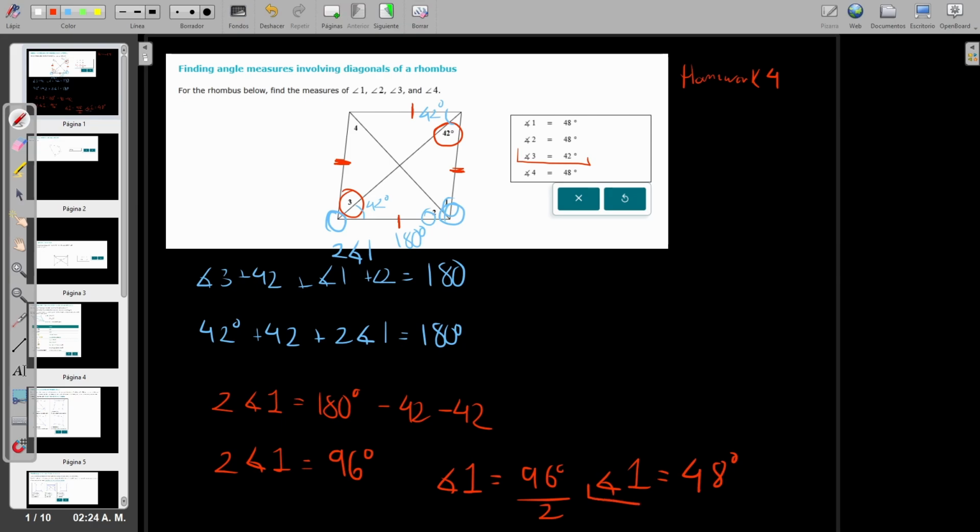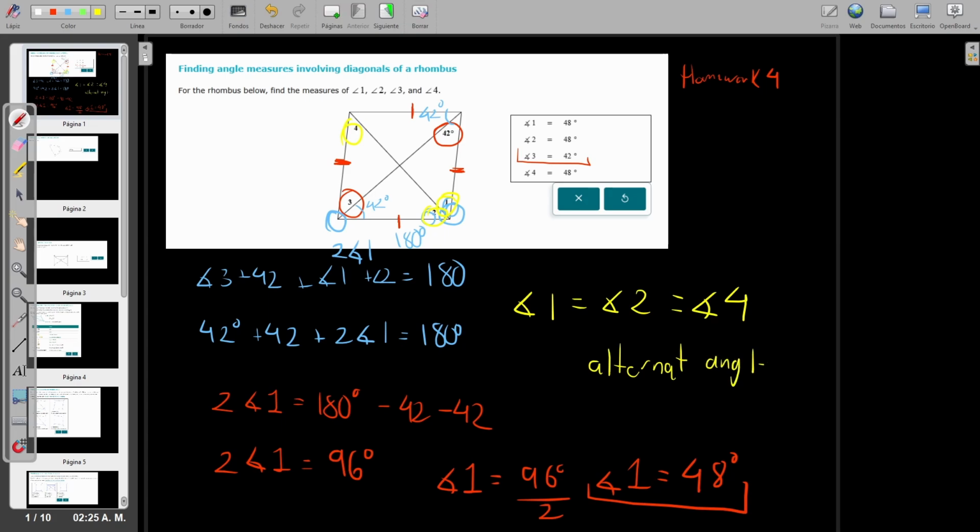degrees. So by definition, angle 1 is going to be the same as angle 2, and it's going to be the same as angle 4. Why? Because they are alternate angles. This is the definition why they are the same.